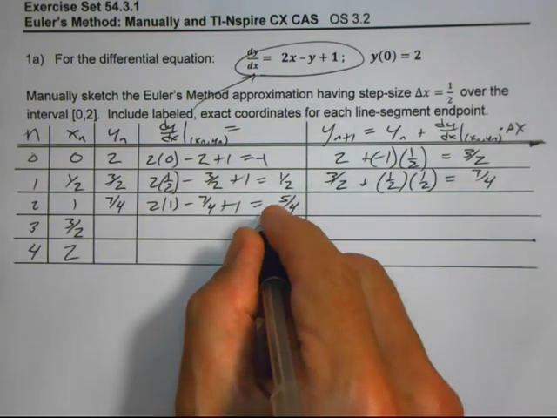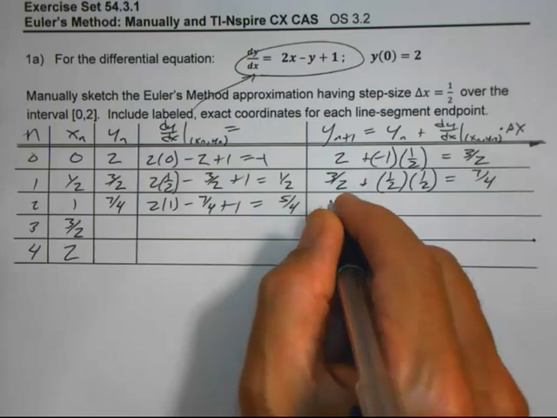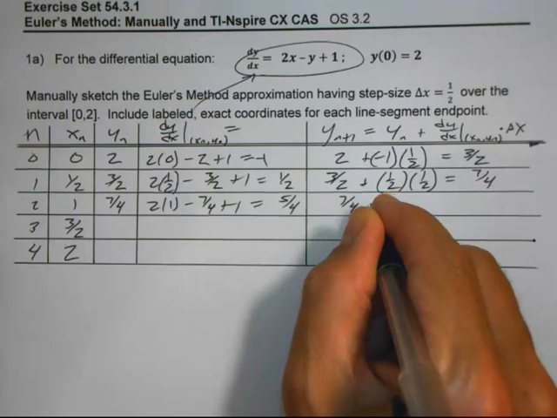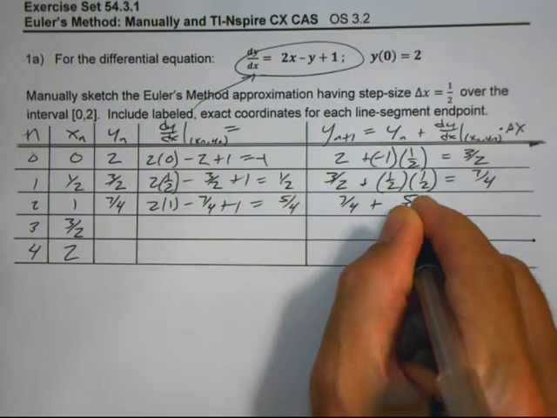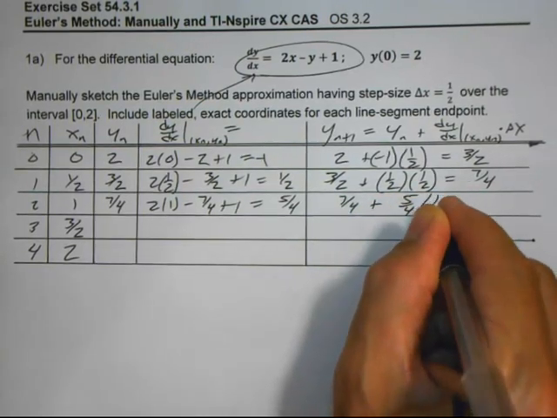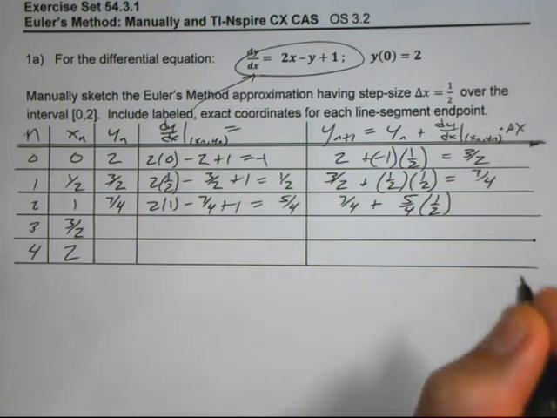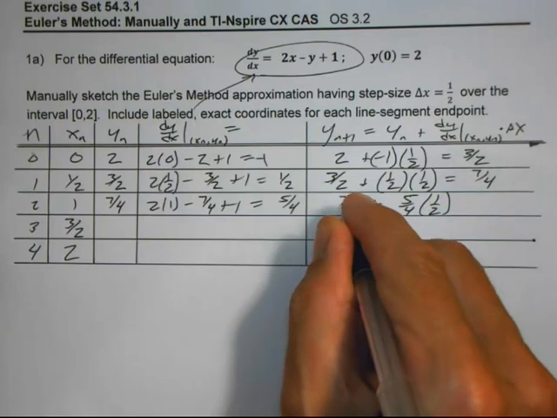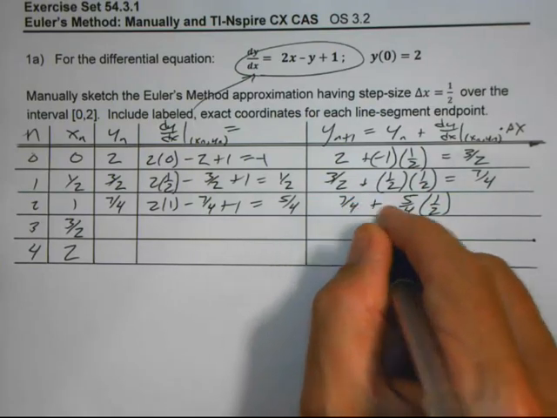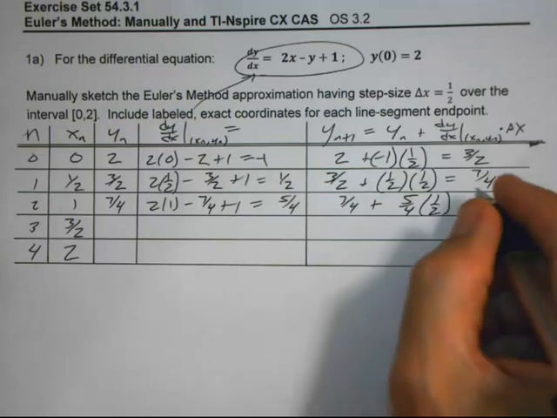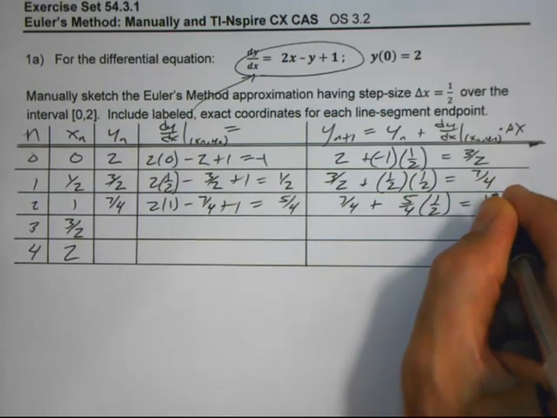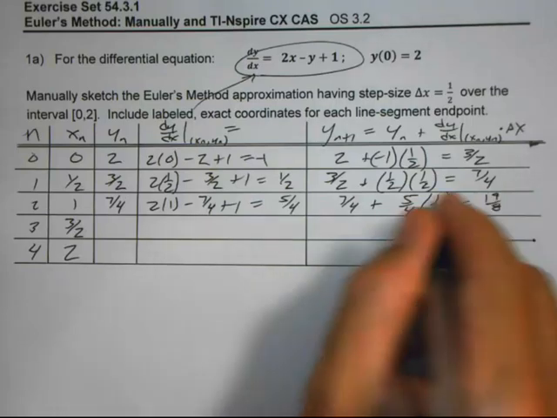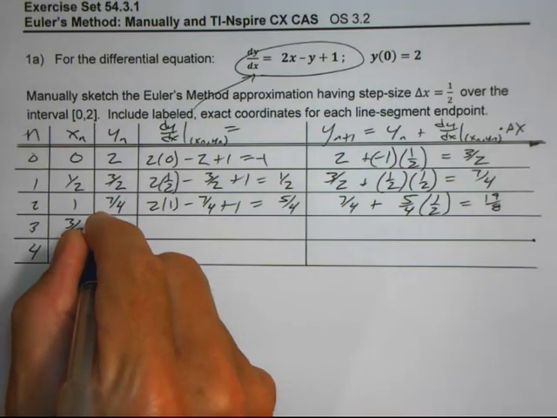Okay, and now the actual next y coordinate, let's see, original y, 7/4, plus slope times delta x. Okay, we are in the realm of eighths here, 5/8, and this would be 14/8. 14 and 5, we're at 19/8. Okay, and that's our y sub 3.